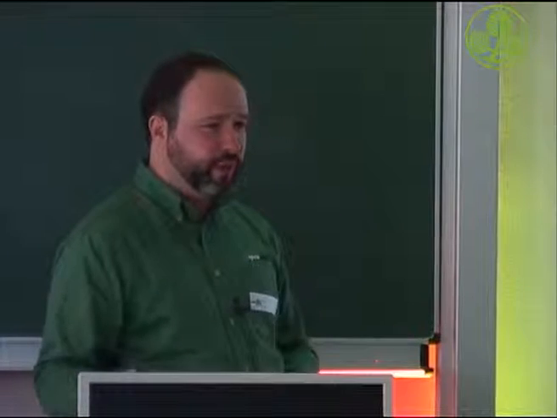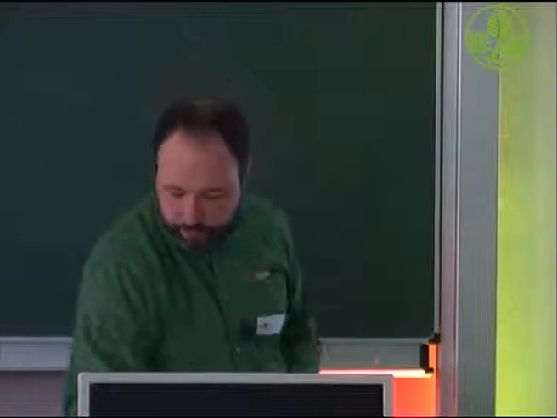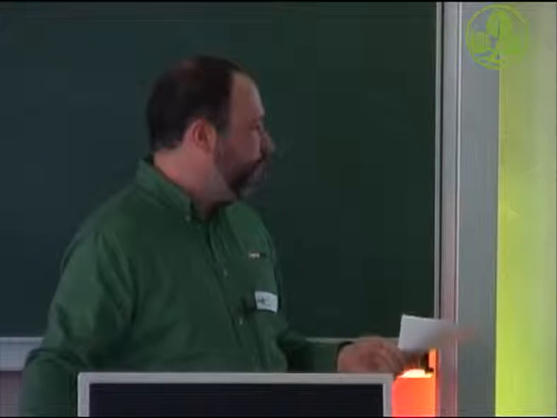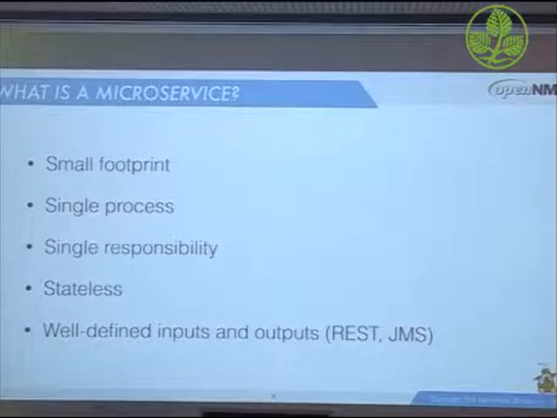Another advantage of an architecture like this is the well-defined inputs and outputs. Because that's required for the processes to communicate with each other, it forces you to have discipline about how cleanly your interfaces are designed. So it forces you to have higher quality and more well-documented interfaces.